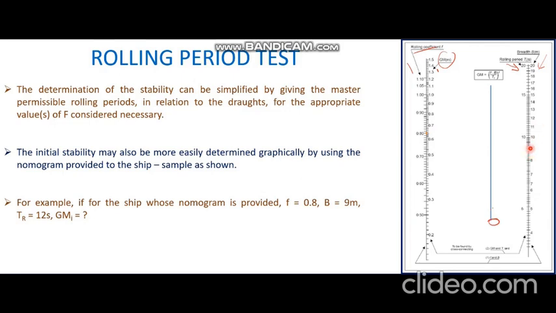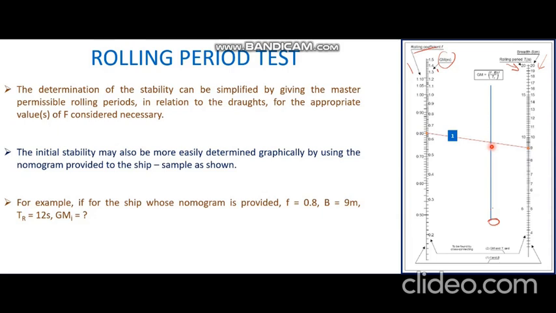Where is 9 meters? The breadth scale 9 meter would be somewhere here. You can see it's come up now. Correct, beta? So what have we done? We mark the rolling coefficient F, we mark the breadth, and we join them with a straight line. Okay. Where does it cut the ratio line, the blue line? It cuts here.